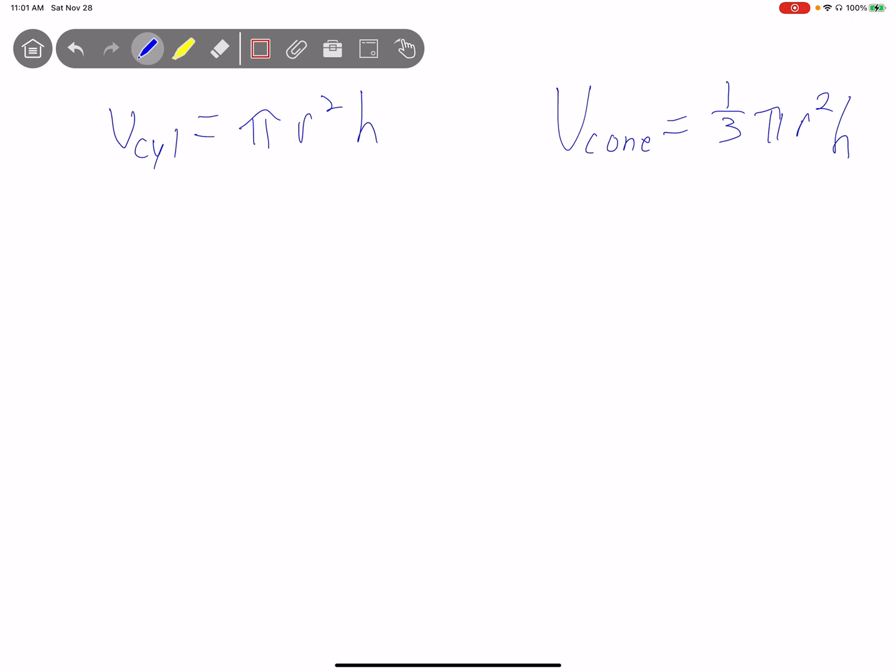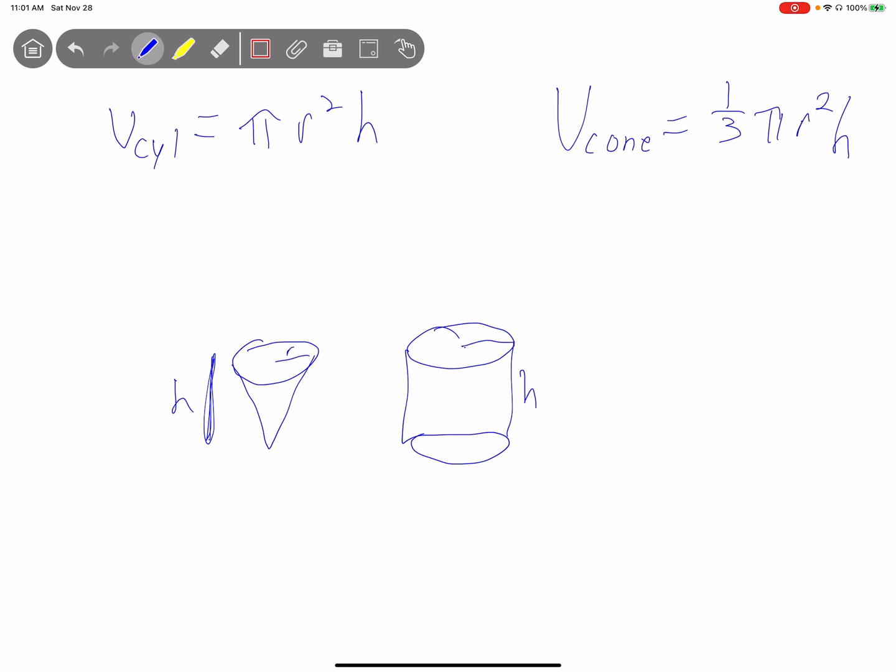If I took one of those cone cups and I had a cylinder with the same radius or diameter and the same height, I can fit 3 of these inside.